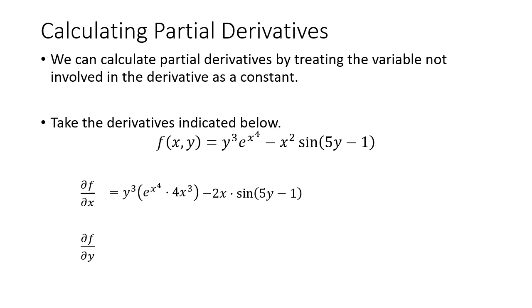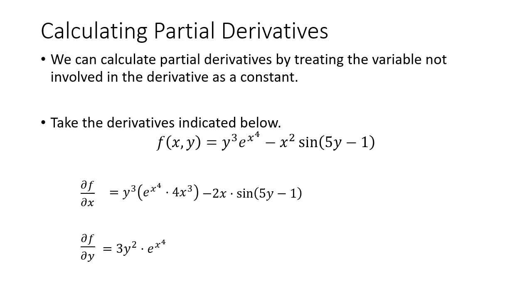So taking the derivative of y to the third e to the x to the fourth, we are just taking the derivative of y to the third, and we are leaving e to the x to the fourth as a number. The derivative of y to the third is 3y squared, and then we multiply by the number e to the x to the fourth.